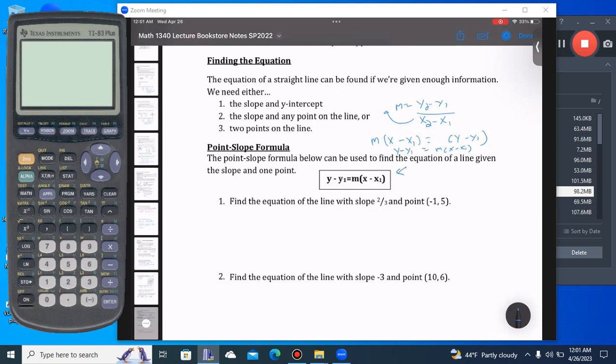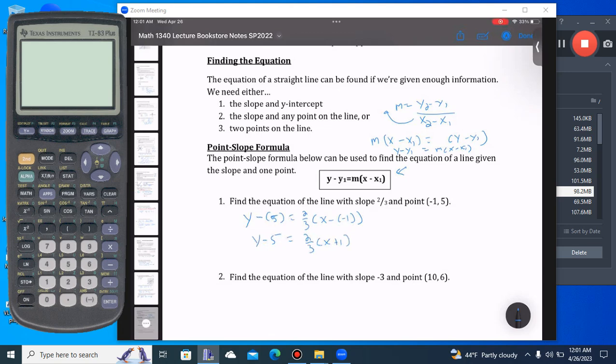So we're given the point -1, 5. We can write it y minus 5 equals 2/3 times x minus -1. We have y minus 5 equaling 2/3 times x plus 1.